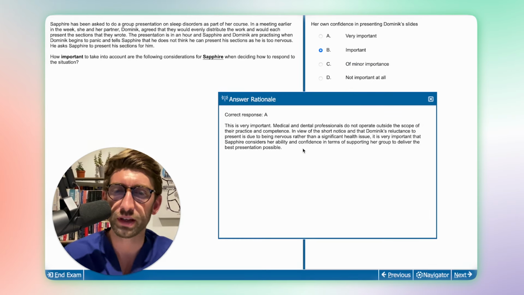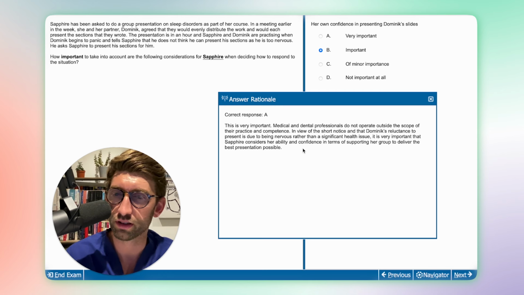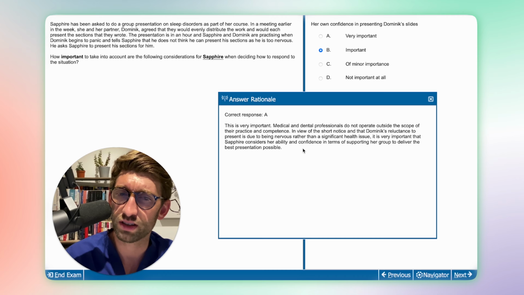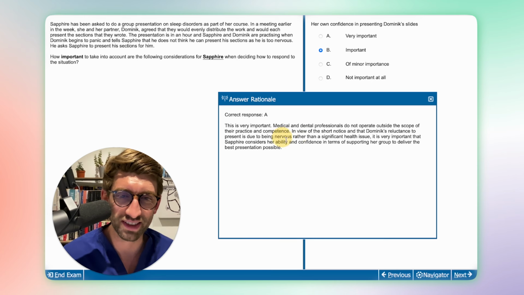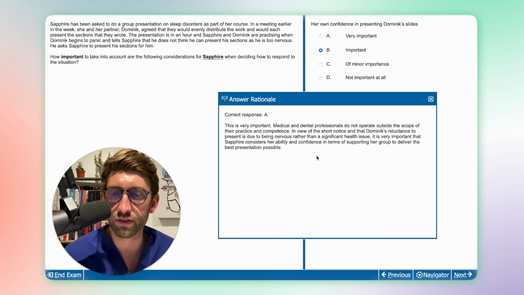This is very important. Medical and dental professionals do not operate outside the scope of their practice and competence. In view of the short notice and that Dominic's reluctance to present is due to being nervous rather than a significant health issue, a bit undermining of someone's anxiety there. It is very important that Sapphire considers her ability and confidence in terms of supporting her group to deliver the best presentation possible.